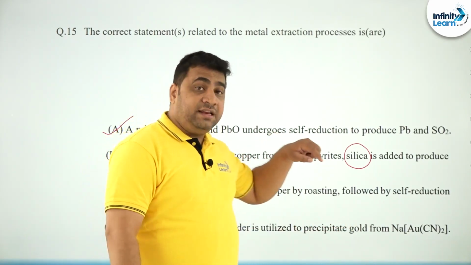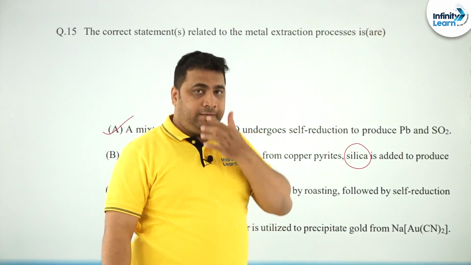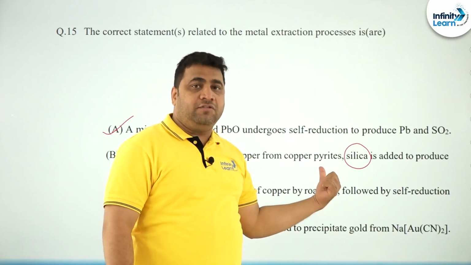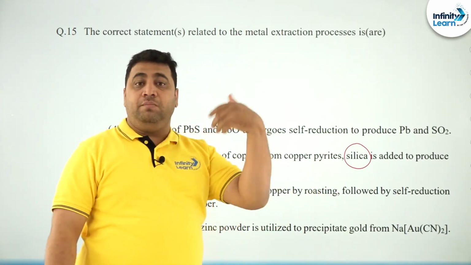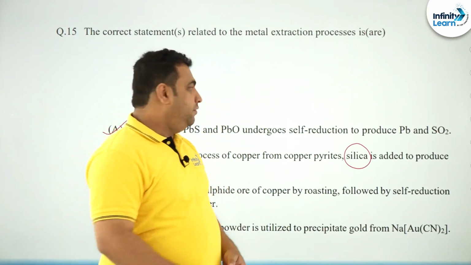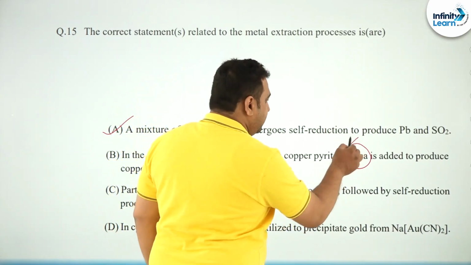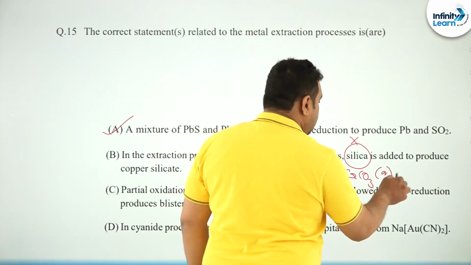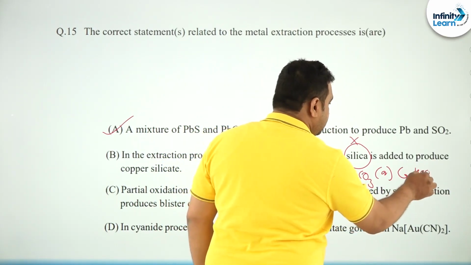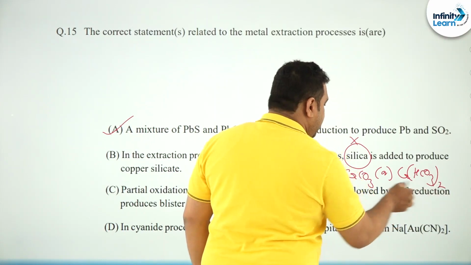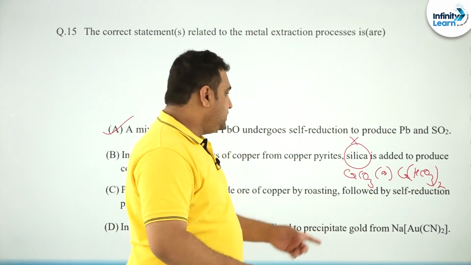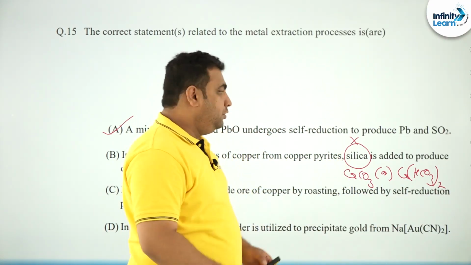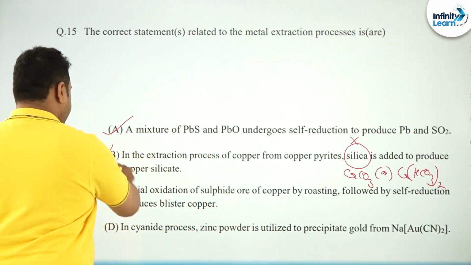If silica is acidic, it removes basic impurities, correct. But in the extraction of copper, there are more acidic impurities. Therefore, silica is not used actually. In place of silica, calcium carbonate or calcium bicarbonate is used. Since bicarbonate is very unstable and decomposes fast, you preferably use calcium carbonate. So, therefore, B becomes wrong.